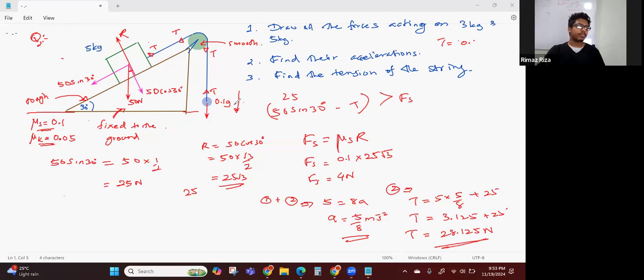Okay, so here gram means it's a very small mass. So you have to write in kilogram. So 0.0001, because you have to divide by 1000. No? 1, 2, 3. Yeah.